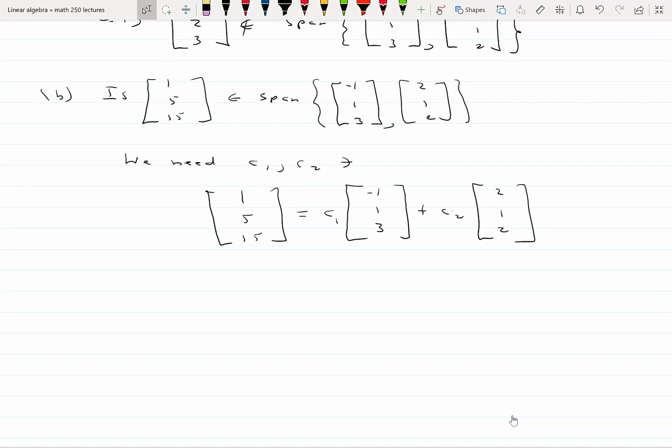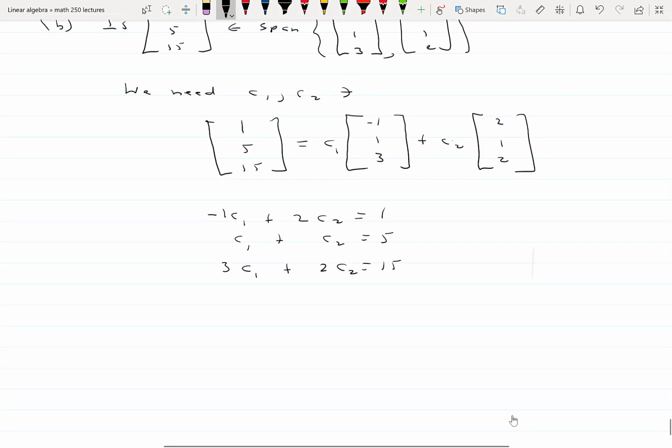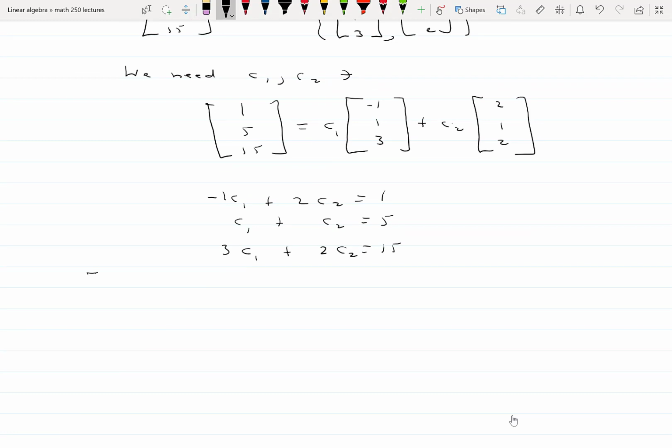If we rewrite this vector equation as a set of scalar equations, this says -1 times C1 plus 2 times C2 needs to equal 1, C1 plus C2 needs to equal 5, and 3C1 plus 2C2 needs to equal 15. Well, I used the Gauss-Jordan elimination method again.